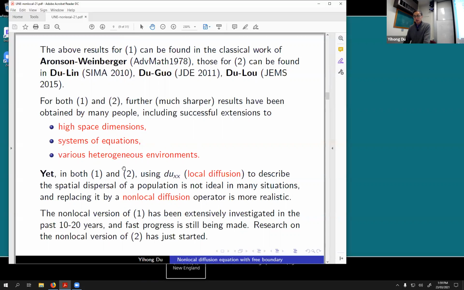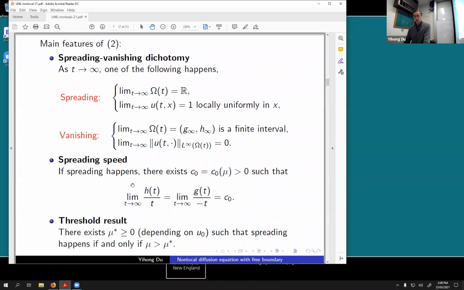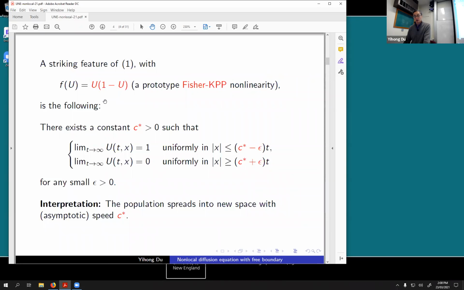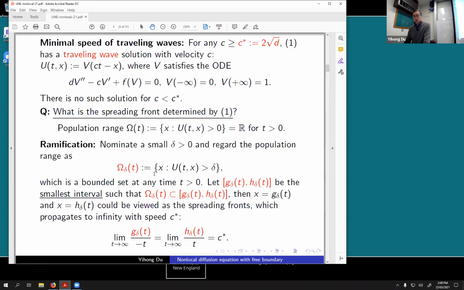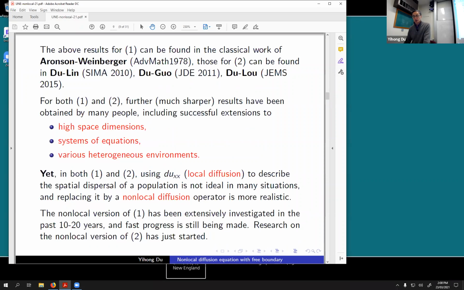But the results I explained, things like these for the free boundary problem and things like that for the traditional problem without a free boundary, are robust results. You can extend them to more general situations, but the essence of these phenomena is retained.